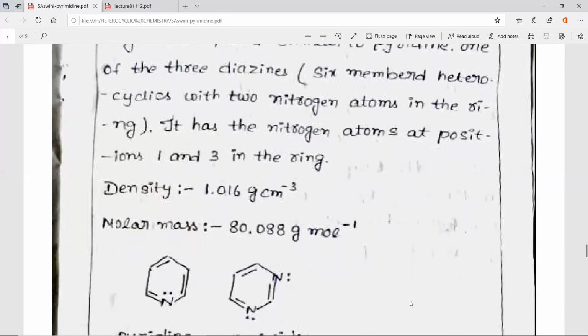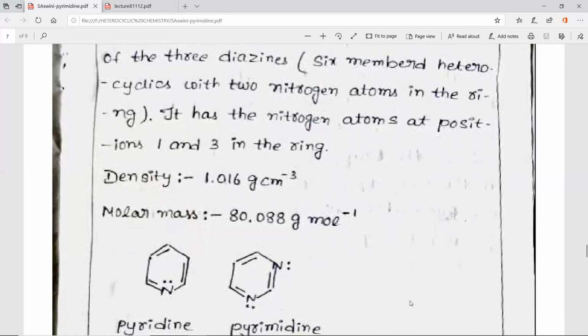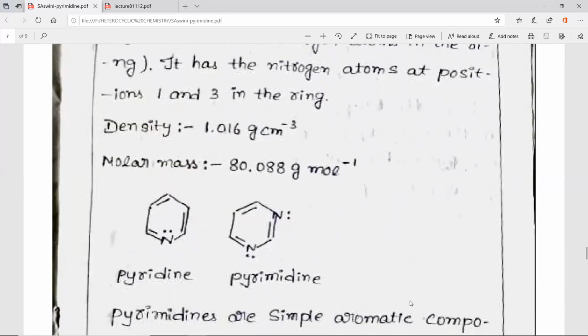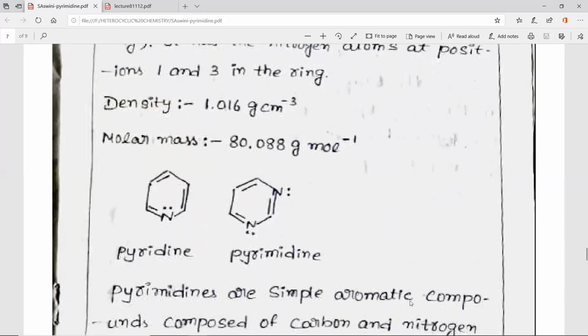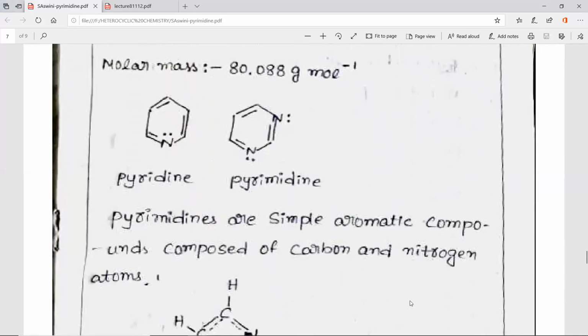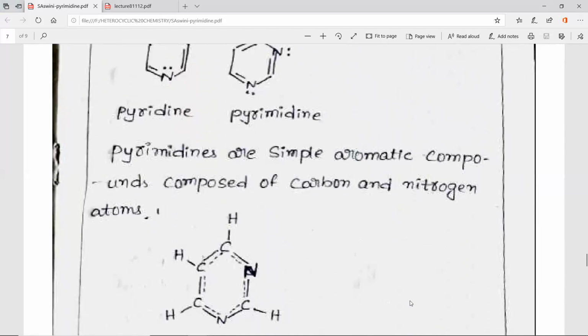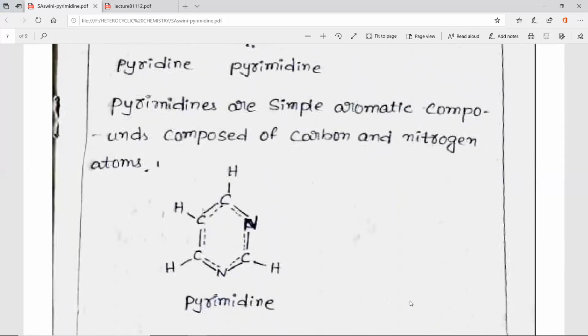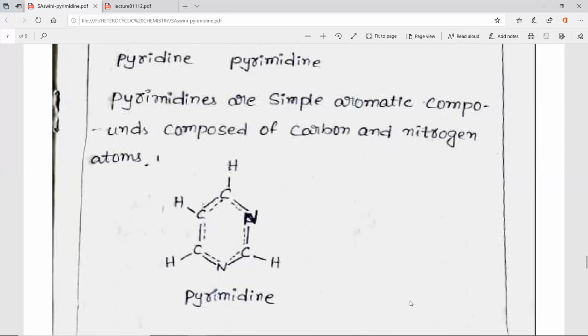So pyrimidine itself has the 2 nitrogen atoms in 1 and 3 positions. It is a solid. Pyrimidines are simple aromatic compounds composed of carbon, hydrogen and nitrogen atoms.